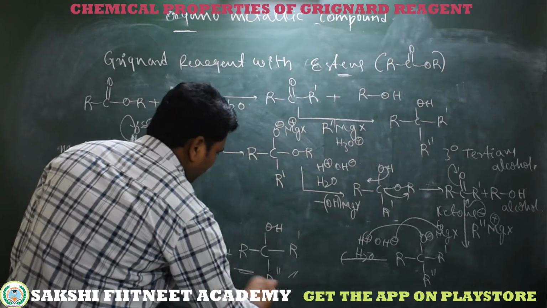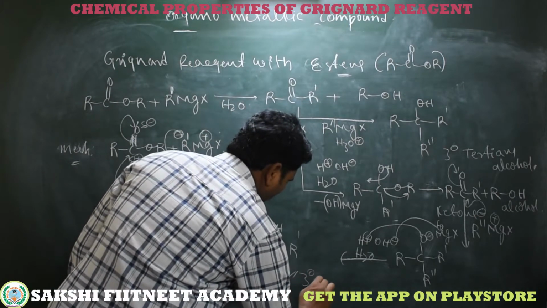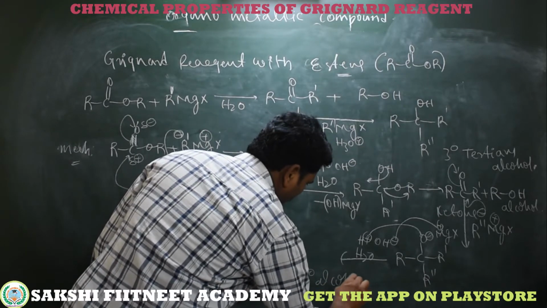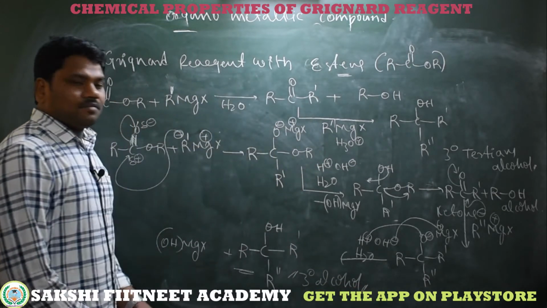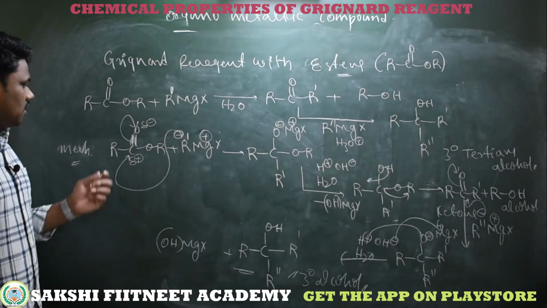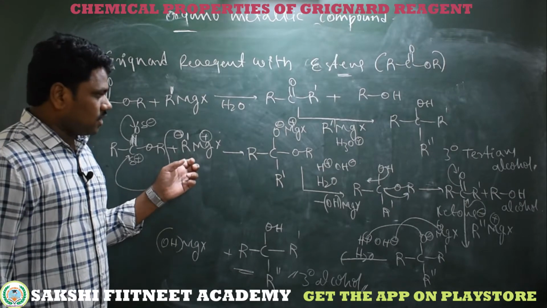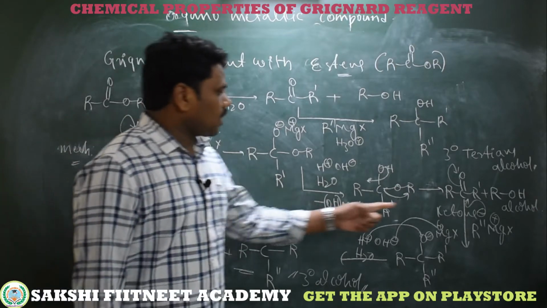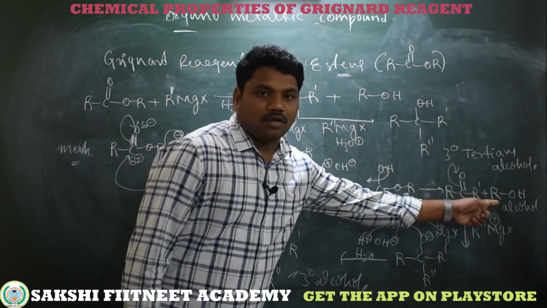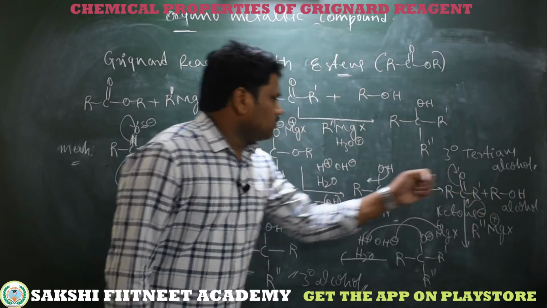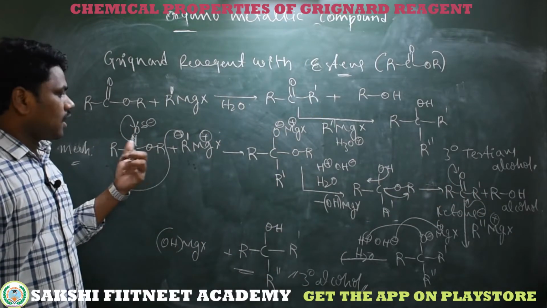So what is this product? This is a tertiary alcohol. So this is the mechanism to get a tertiary alcohol from ester. So ester with 1 mole of Grignard reagent gives a ketone and an alcohol, that is the corresponding alcohol which was bonded to this carbonyl carbon.